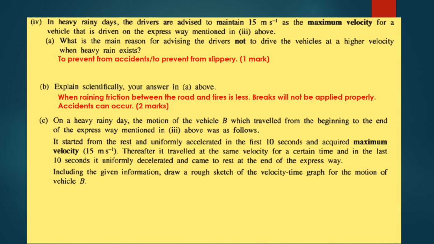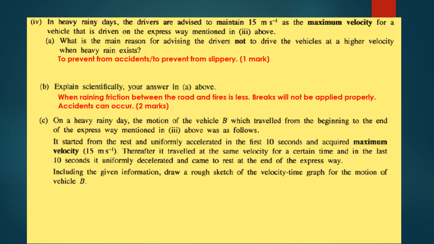Part C. On a heavy rainy day, the motion of the vehicle B which travelled from the beginning to the end of the expressway mentioned in 3 above was as follows. It started from rest and uniformly accelerated in the first 10 seconds and acquired maximum velocity 15 meters per second.